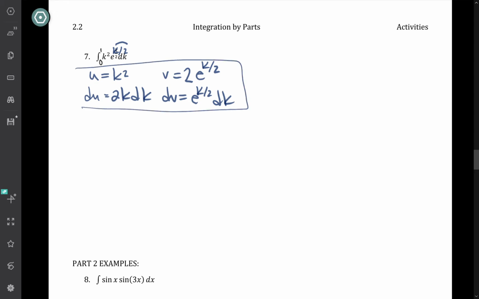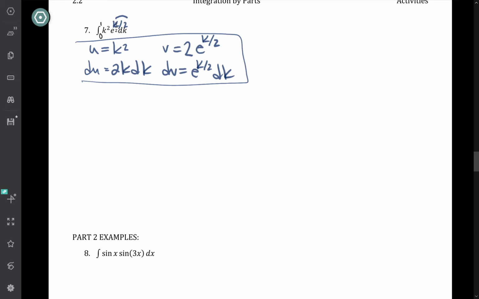So there is my first round of parts, and it gives me u times v, so here I'm going to put the 2k squared e to the k over 2 minus the integral of v du. I've got two 2's, so I'm going to move 4 out in front, and then it's a k e to the k over 2 dk. Okay, so there's the by parts.